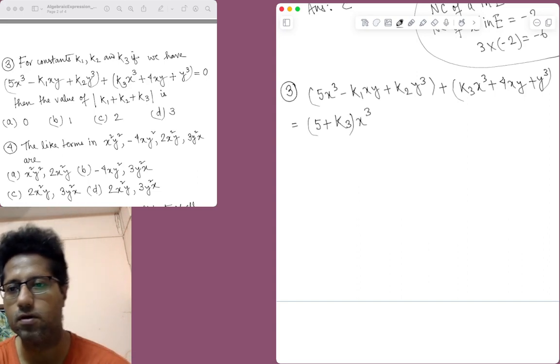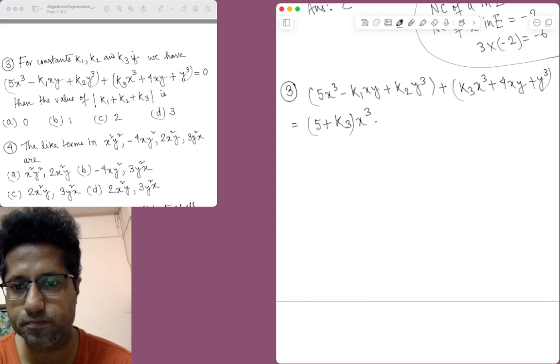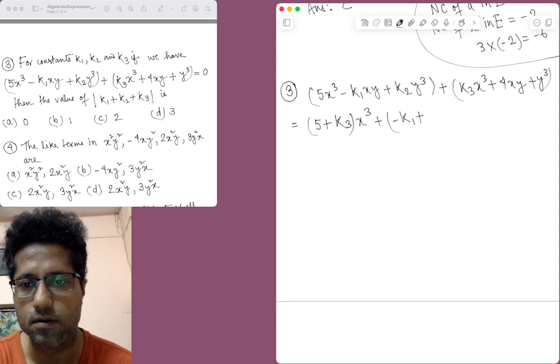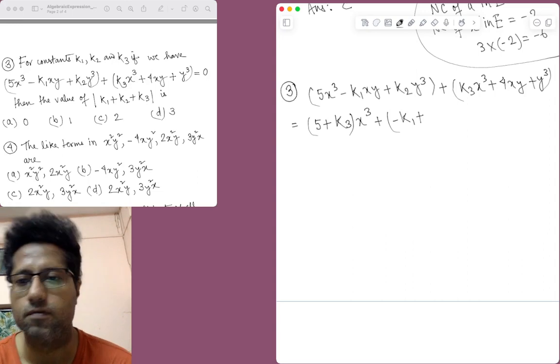Similarly, for the like terms with literal coefficient xy, the coefficient of the term minus k1 xy is minus k1.